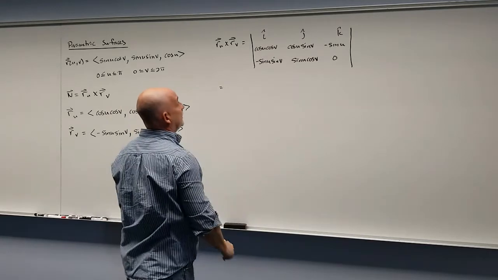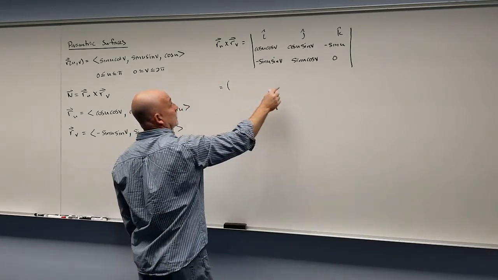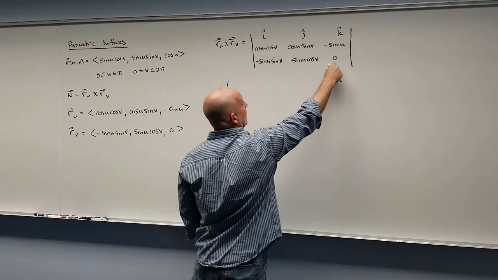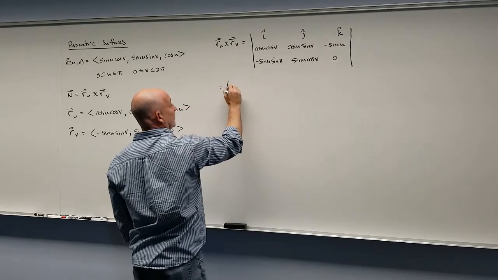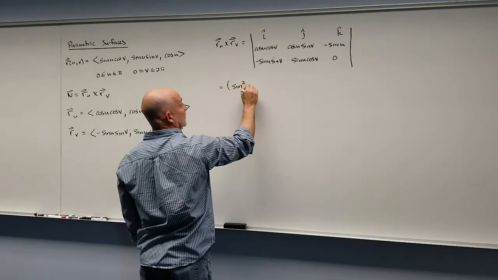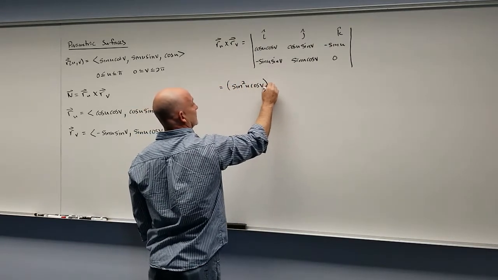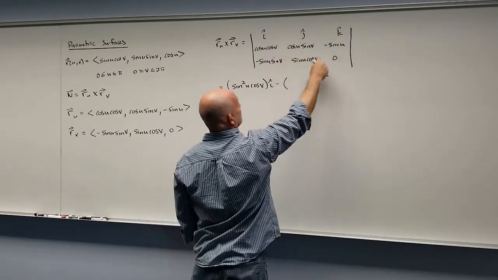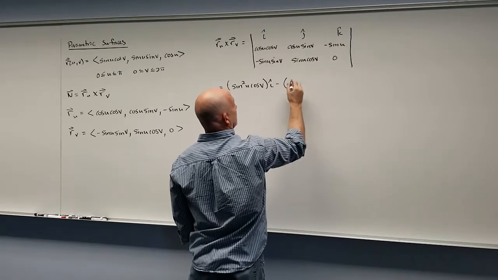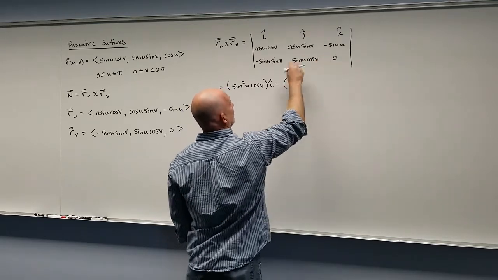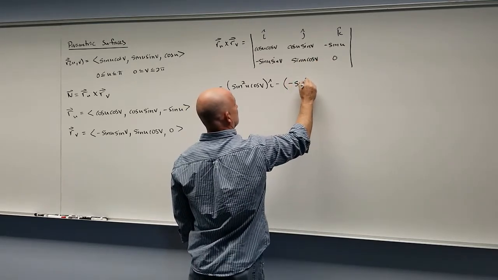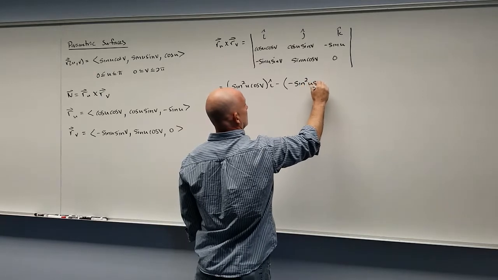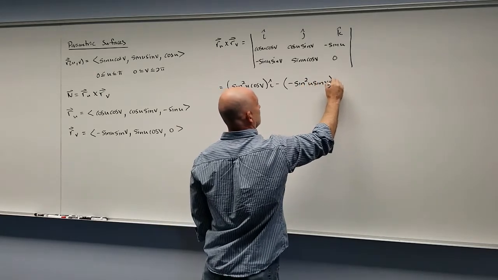All right, let's start. In the i direction, that's going to be 0 minus, so that's going to be plus sine squared u cosine v. In the j direction, that's going to be 0 minus minus minus, gives me a minus. That's going to be sine squared u sine v.